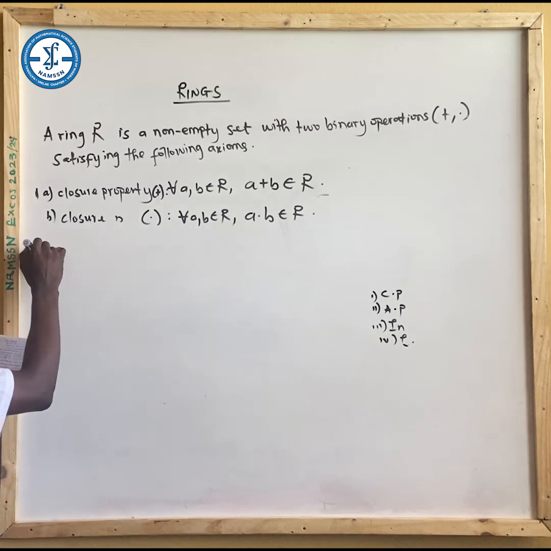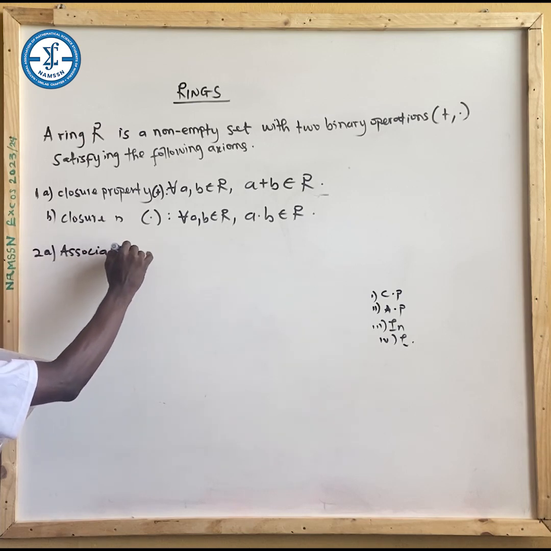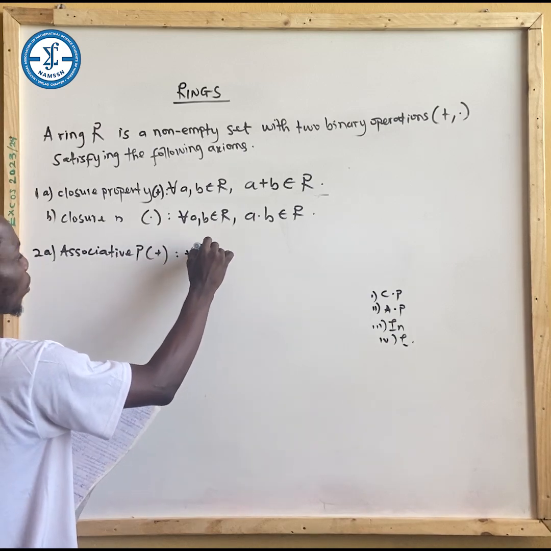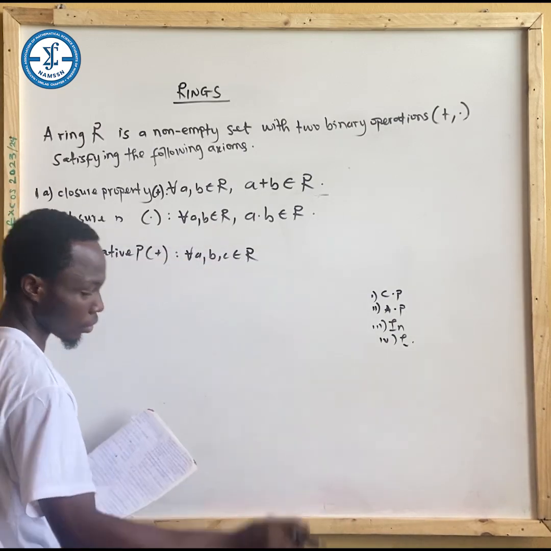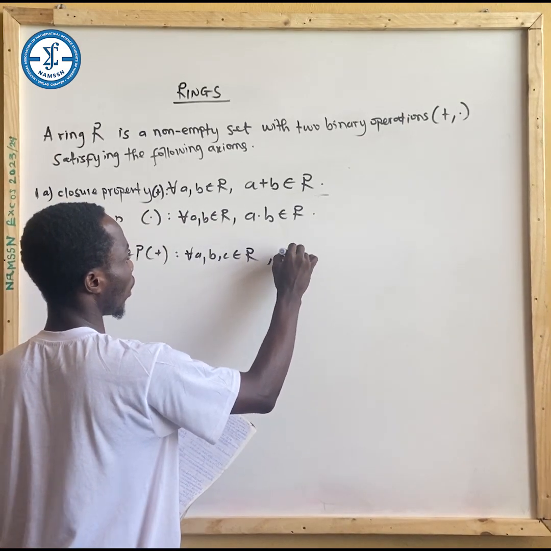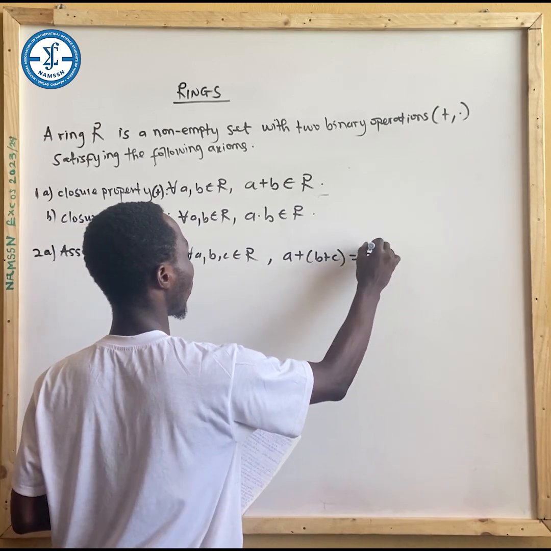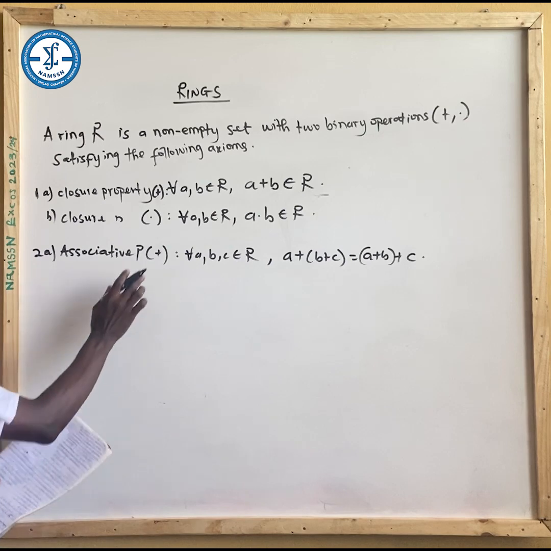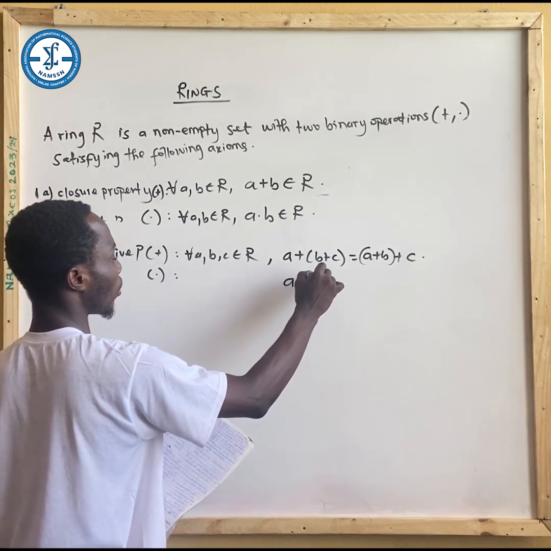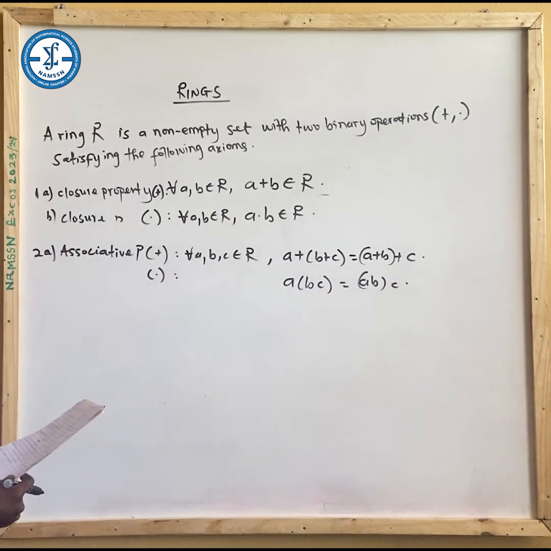So next one, let's say 2 is associative property under addition, which says that for all a, b, c in R, (a + b) + c equals a + (b + c). This is under addition. Under multiplication, this just changes to (a b) c equals a (b c).